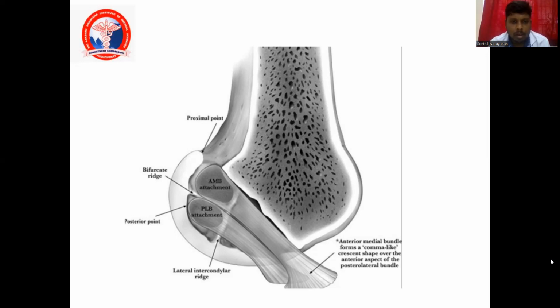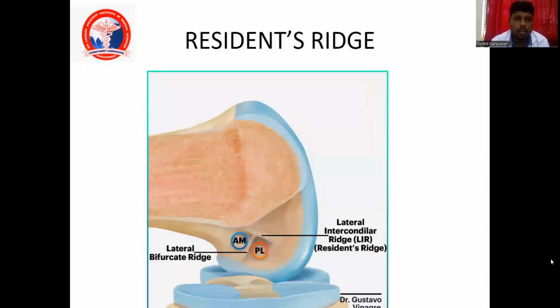The anteromedial bundle forms a comma-like crescent shape over the anterior aspect of the posterolateral bundle. So two things are important: the lateral intercondylar ridge and the bifurcate ridge.